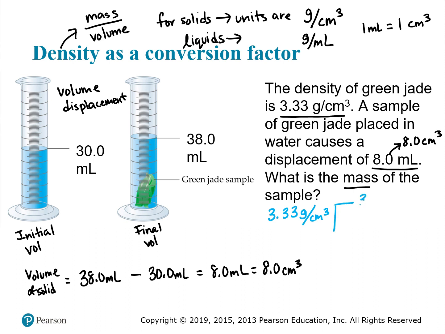We can write that in two ways. 3.33 grams for every 1 centimeter cubed, because that's what that means. Or the reciprocal, 1 centimeter cubed over 3.33 grams. That's density as a conversion factor.